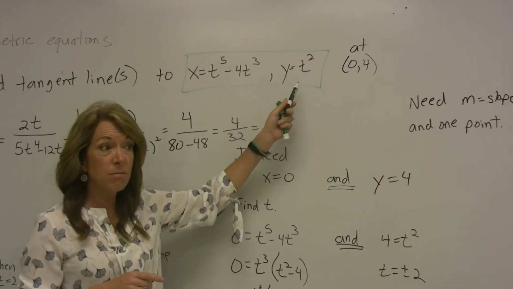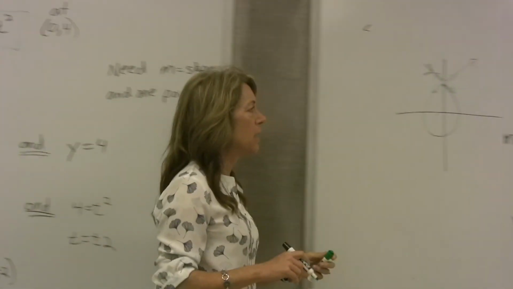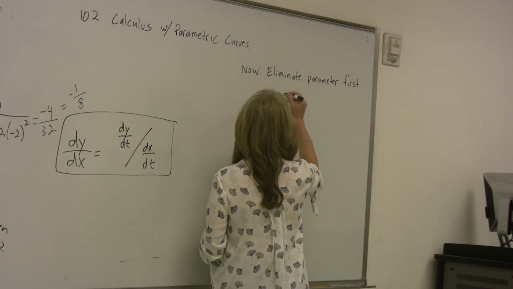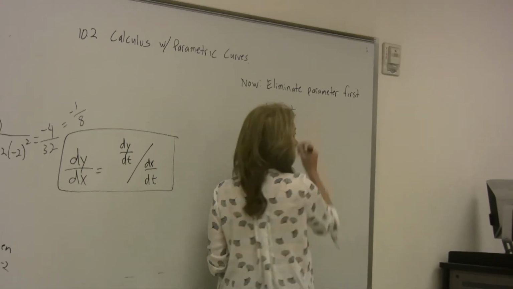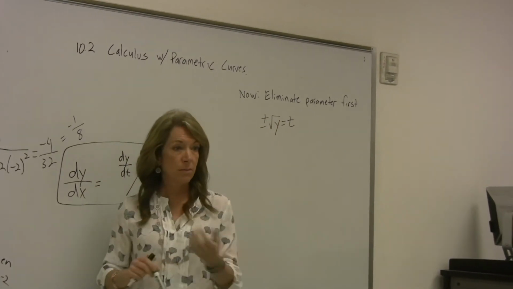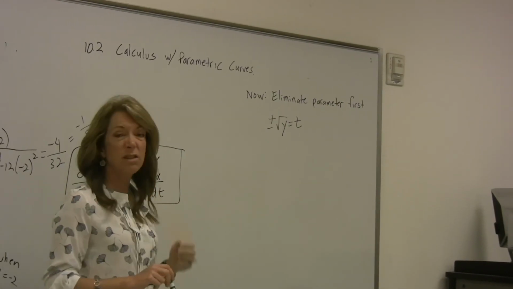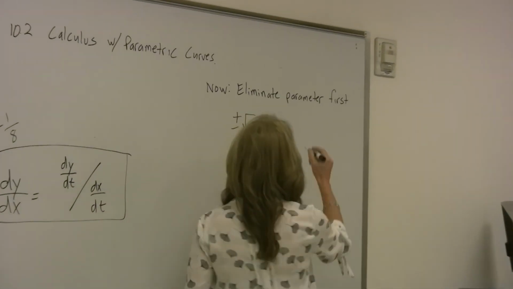So if we use the second equation, we technically need the plus and the minus square root of y equals t. Two different ones, right? So let's use the positive one first.